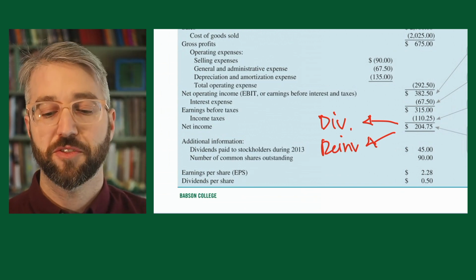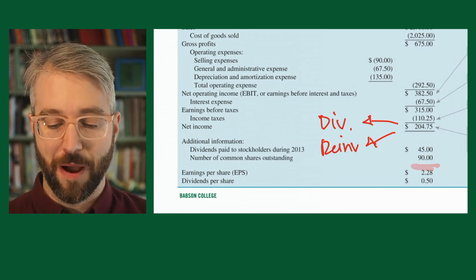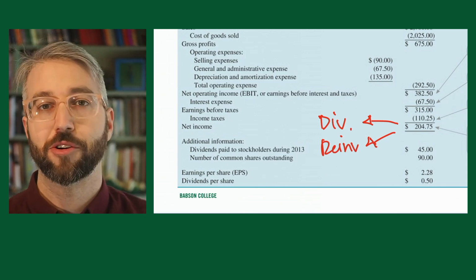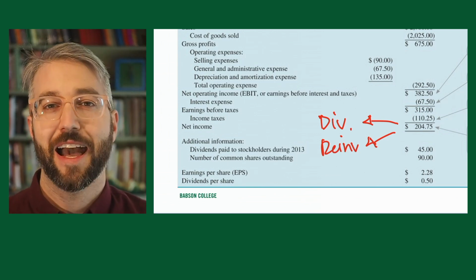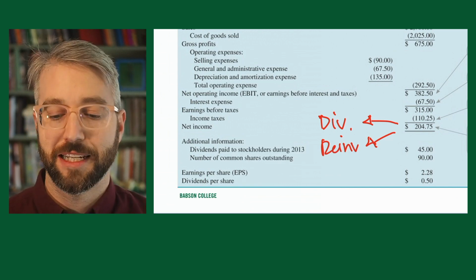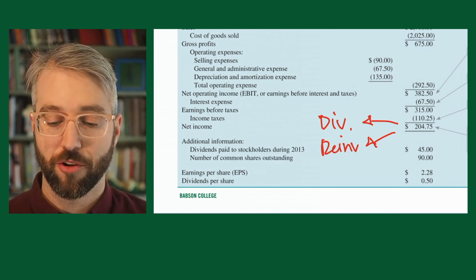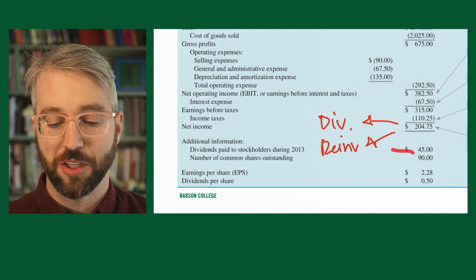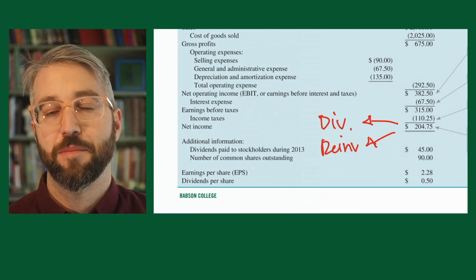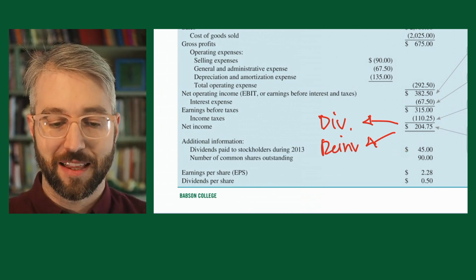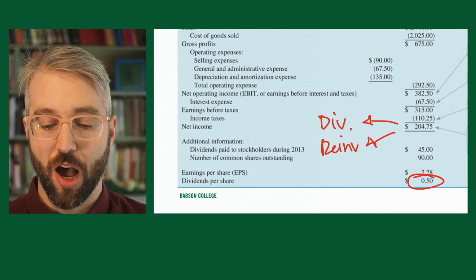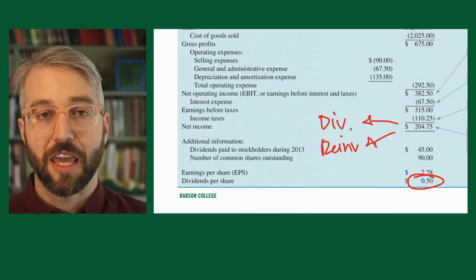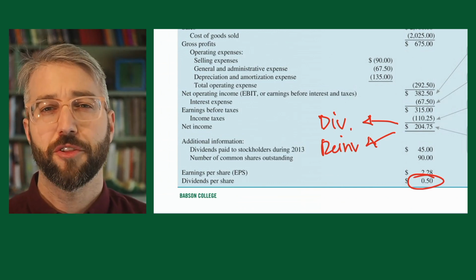We've got another piece of supplementary information, which is that Boswell had 90 million shares of stock outstanding. And since they have to pay the same dividend to every shareholder per share that they own, if they paid $45 million in dividends and they had 90 million shares outstanding, that means that they paid dividends per share of 50 cents per share.